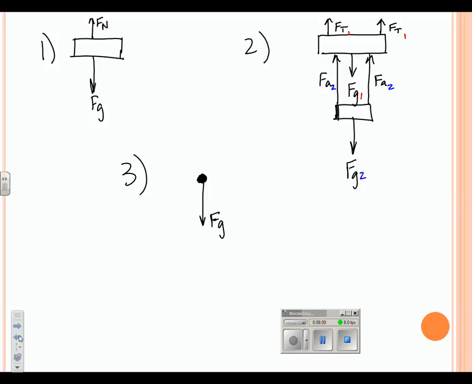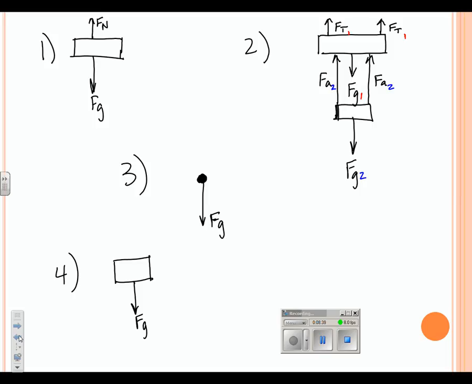Okay. Then on number 4, I have a squirrel that's gliding from a tree to the ground. So really it's just going from the tree to the ground, which is vertical. So here's my lovely little box flying squirrel. And he has a weight. So that would be F of G. Now, it says, though, that he's going at a constant velocity. And for it to be a constant velocity, that means there's no change in the motion.